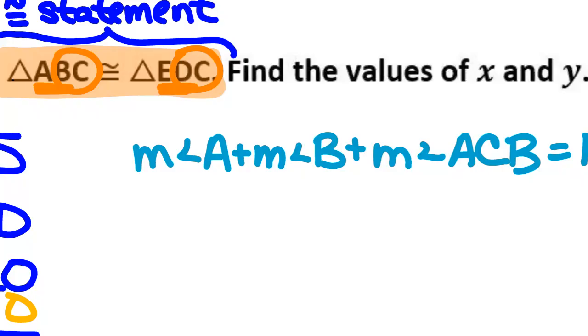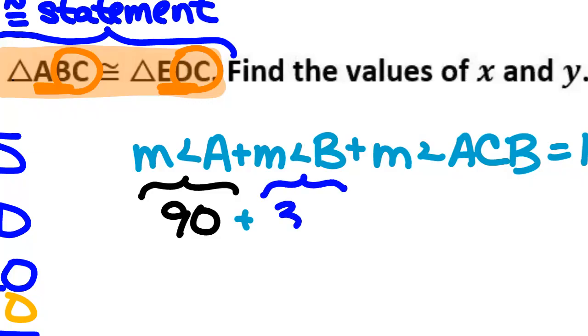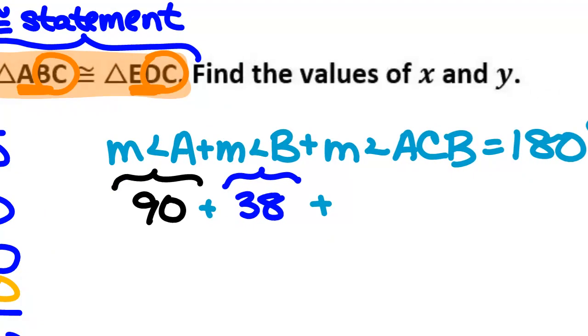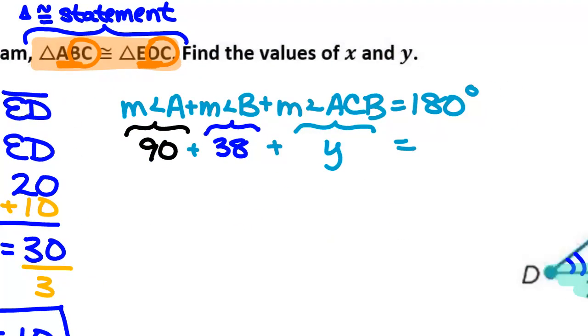In the place of A, we're going to put 90 degrees. In the place of B, we're going to put 38 degrees. In the place of ACB, I'm going to put Y, and then that's equal to 180.